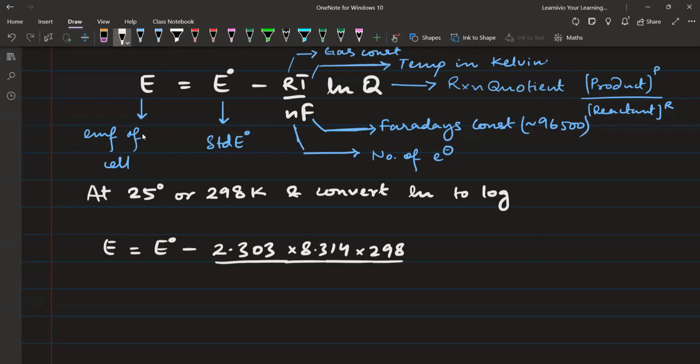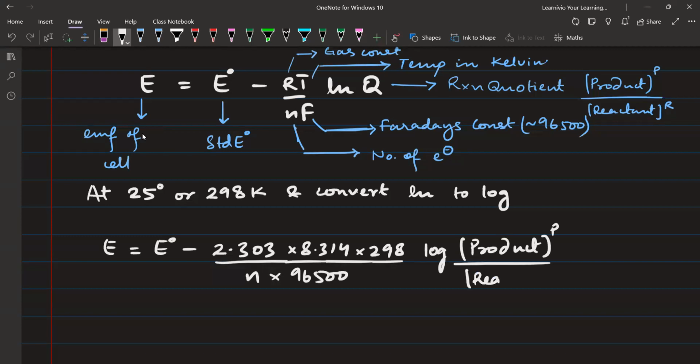This will be divided by n into Faraday's constant 96500. Instead of ln, I am going to write log, base 10, of the concentration of product to the power of its stoichiometric coefficient, divided by the concentration of reactant to the power of its stoichiometric coefficient.